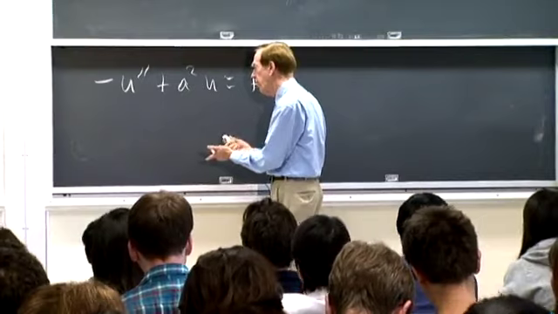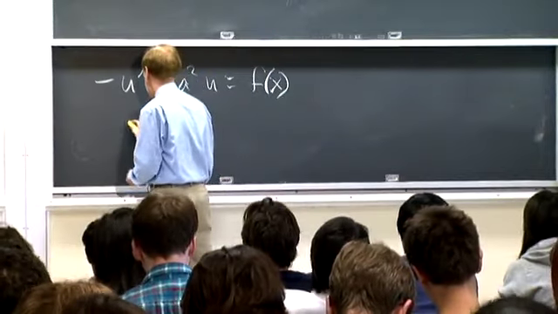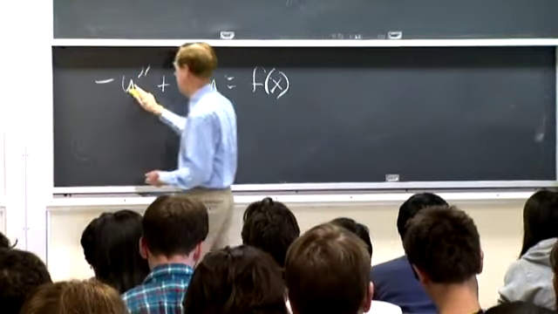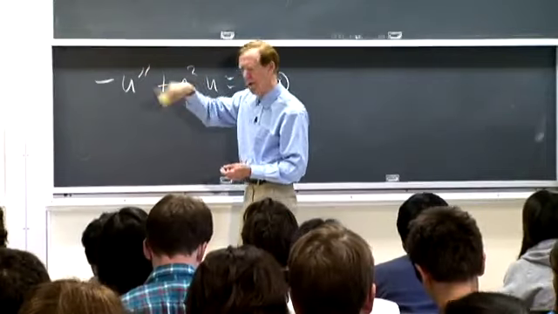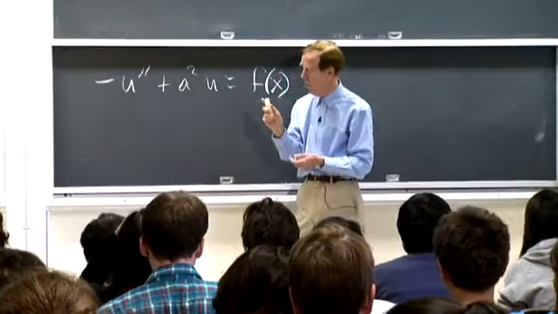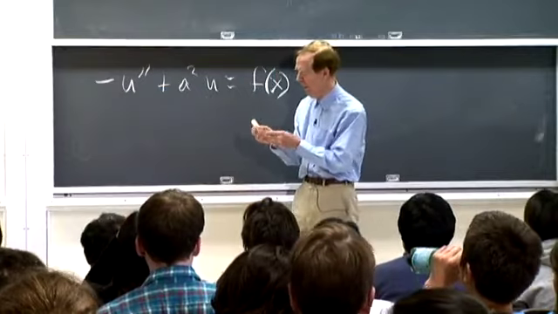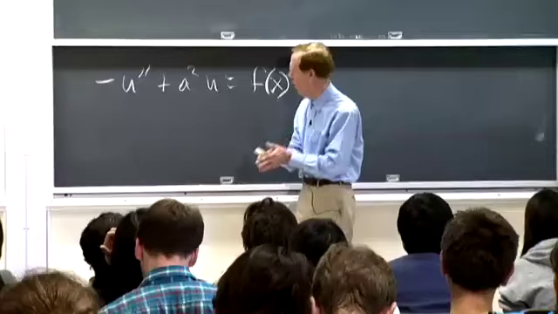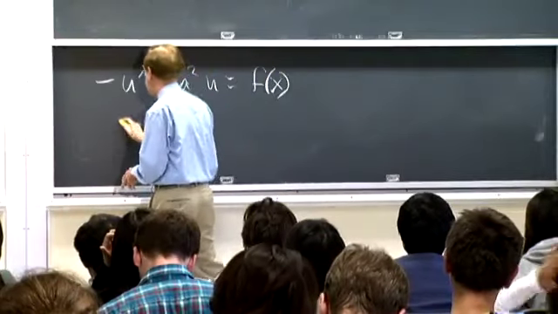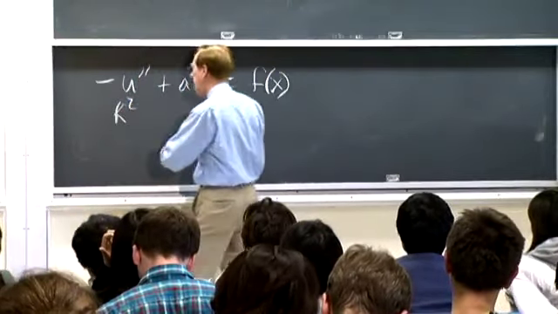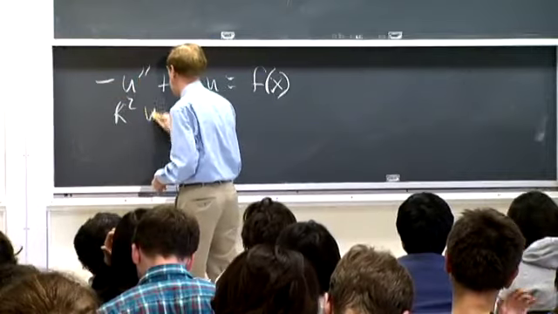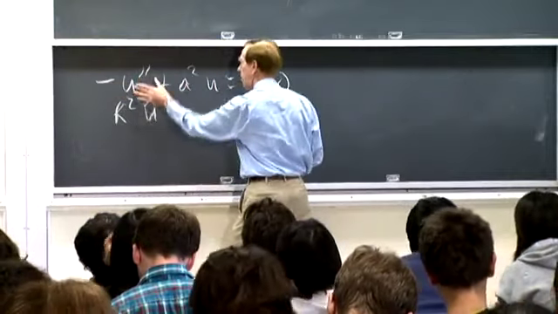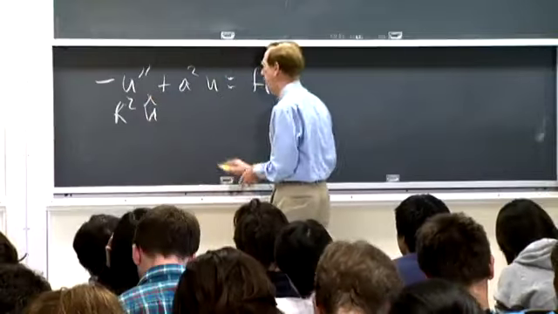We took Fourier transforms. So this was the second derivative, the Fourier transform. What is the rule for the Fourier transform of a derivative? Every derivative brings down an ik in the transform. So we get ik twice, so it's k squared. I squared cancels the minus 1, so that's the transform of minus u double prime.